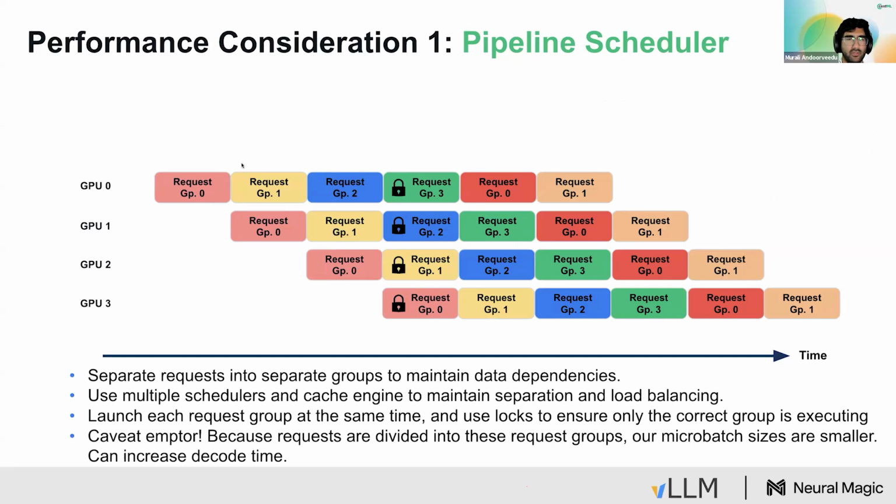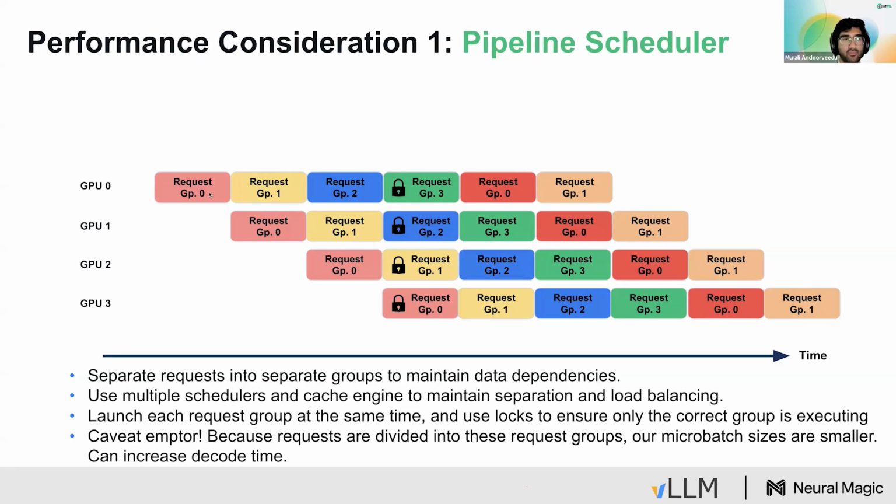And so the way we do this in vLLM is we have this concept of virtual engine or request group, where each of these request groups, for example, you can see this light red and this dark red be part of the same request group, kind of independent streams of requests that are completely data independent. And the way we implement this within vLLM is we use multiple schedulers and cache engines to maintain this separation, as well as do load balancing.